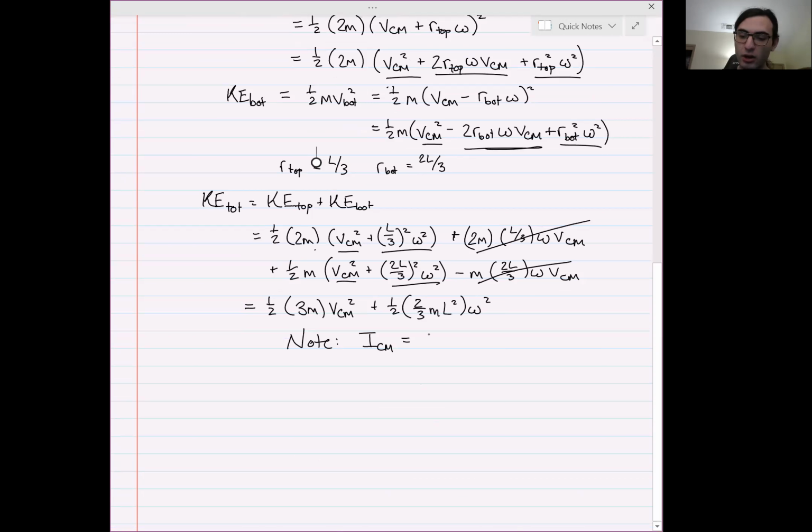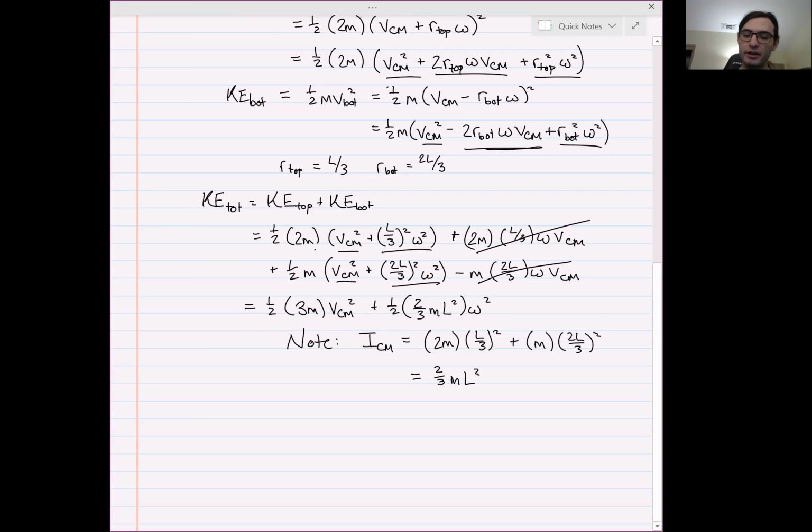So this would be 2m times L over 3 squared, that's for the top rock, plus m times 2L over 3 squared, right? You can do some simplification, and it just gives you 2/3 m L squared.